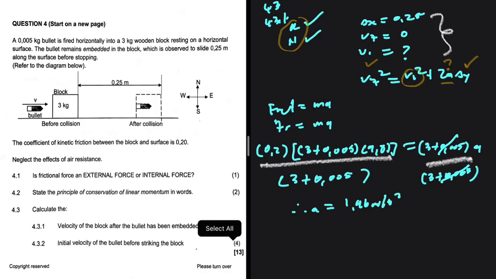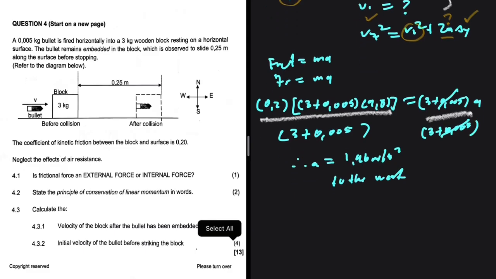But we need to make sense of our situation. The bullet block system is moving to the east, and frictional force is always opposing, so this is 1.96 meters per second squared to the west. We need to take that into account. Now that we have the acceleration, we can find VI.